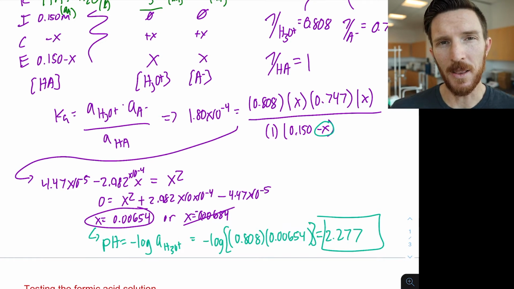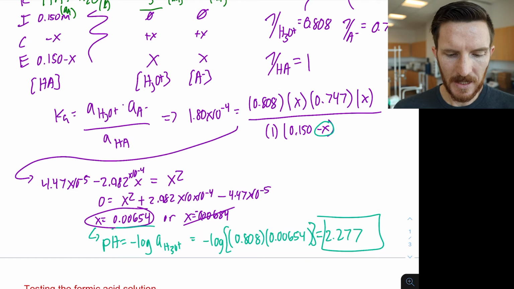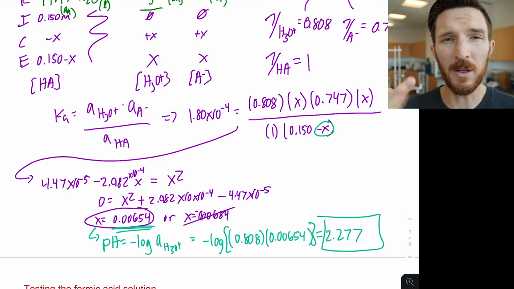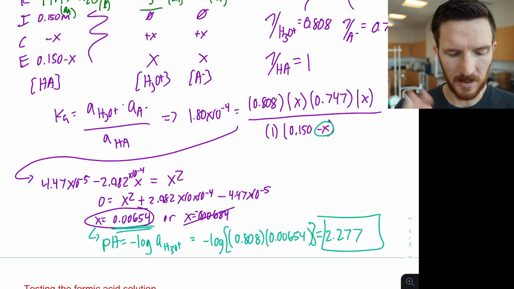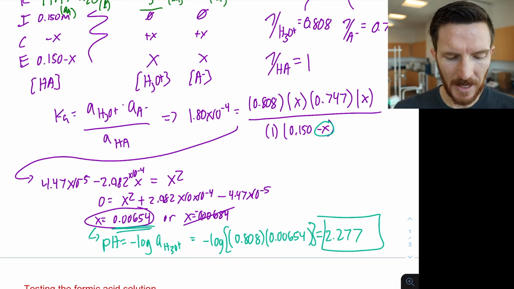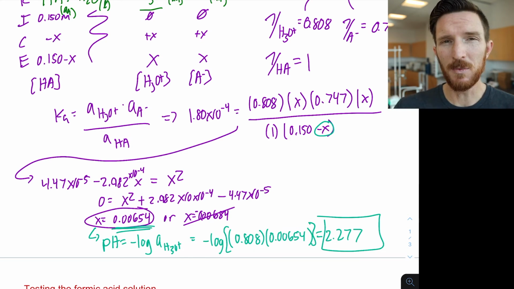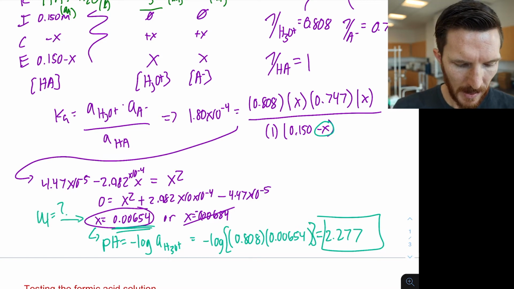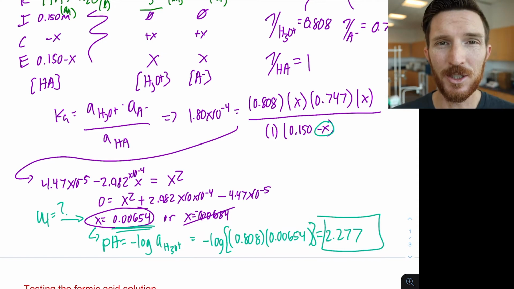Now, as we look at this, what we would see is that, now that we actually have some relative amount of H3O+ and A-, let's say we redid this whole process and thought about how those would influence our ionic strength.